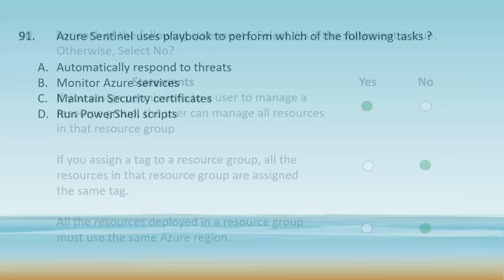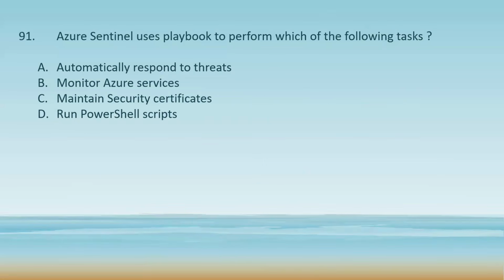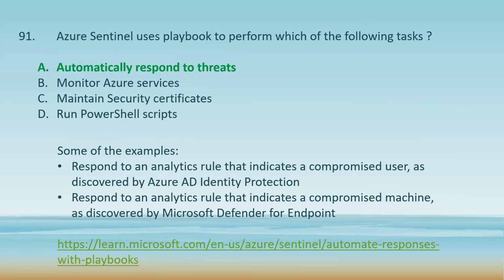Next question. Azure Sentinel uses Playbook to perform which of the following tasks? Your options are automatically respond to threats, monitor Azure services, maintain security certificates, run PowerShell scripts. The correct answer is option A, automatically respond to threats.